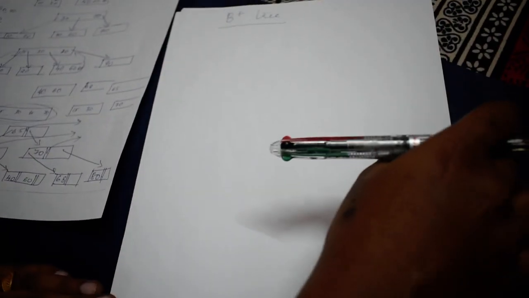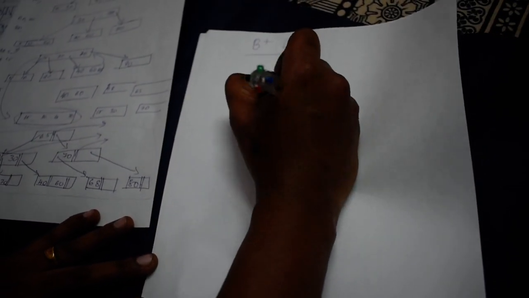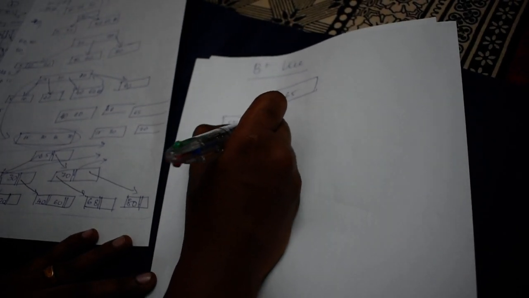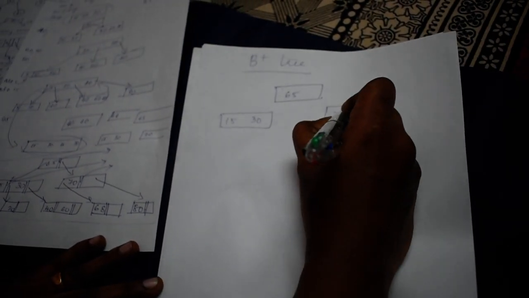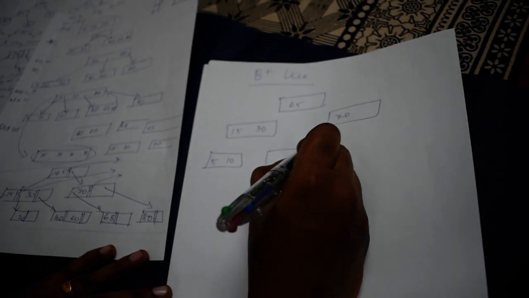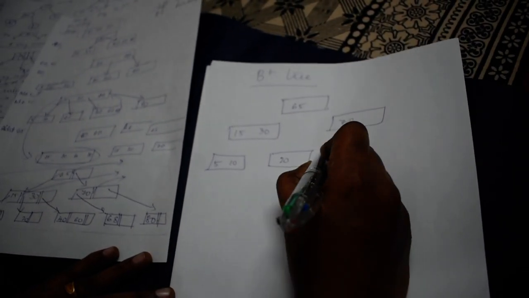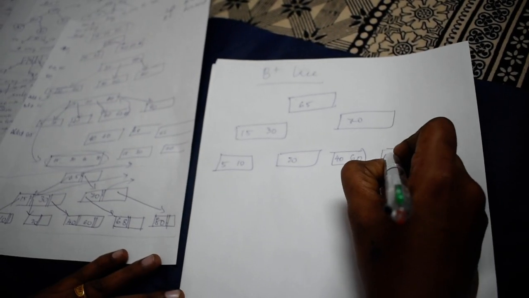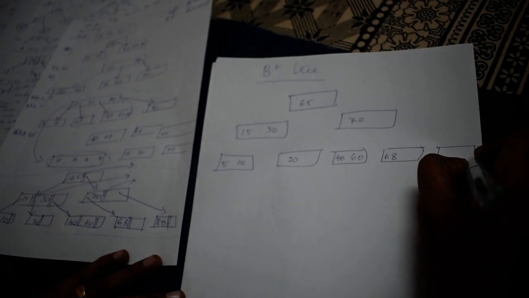In B plus trees, the difference is this. Considering the same tree, 65, 15, 30, 70, next 5, 10, the previous ones themselves, 20, 40, 60, 68, then 80, like this.